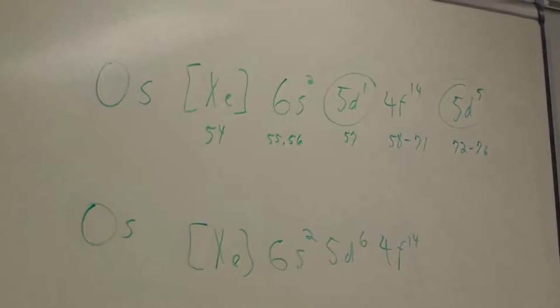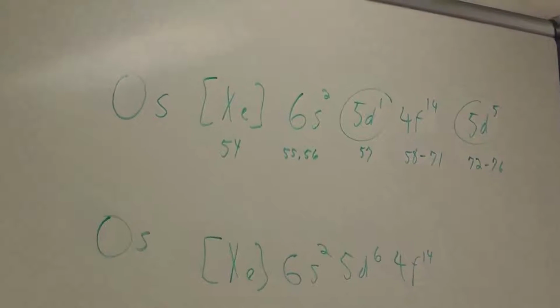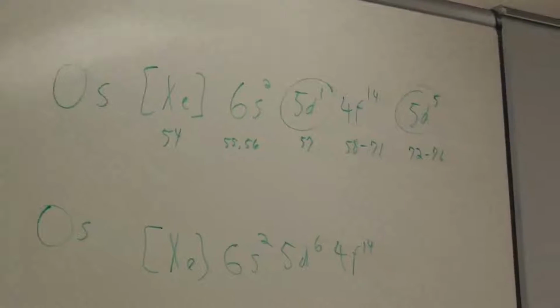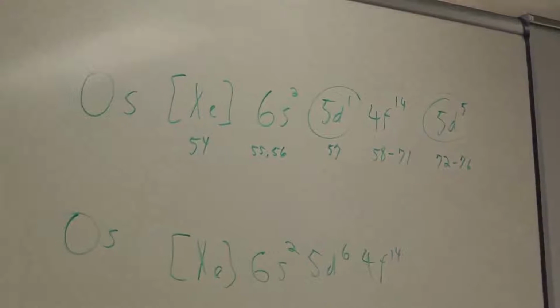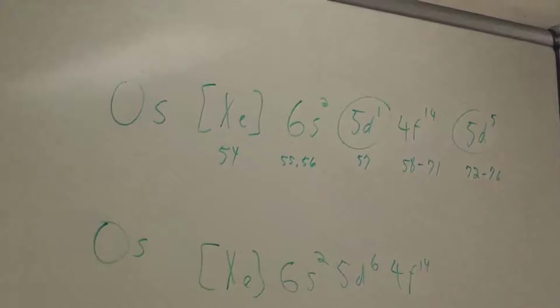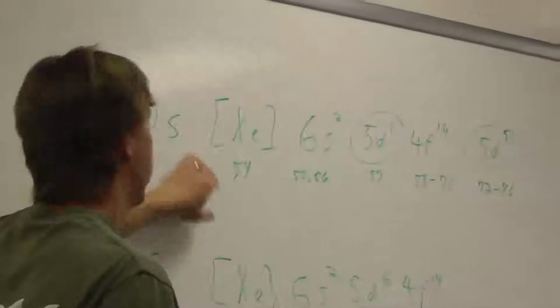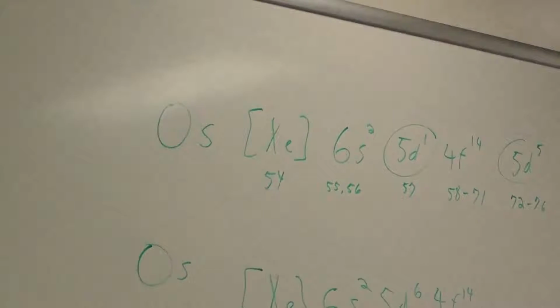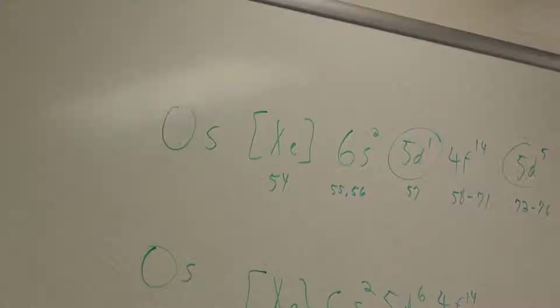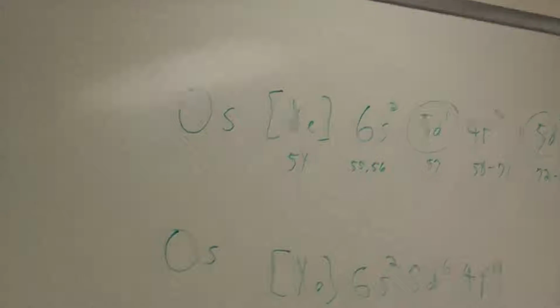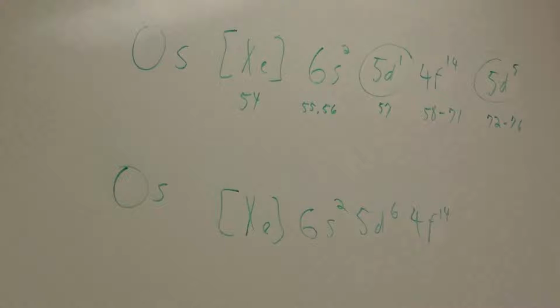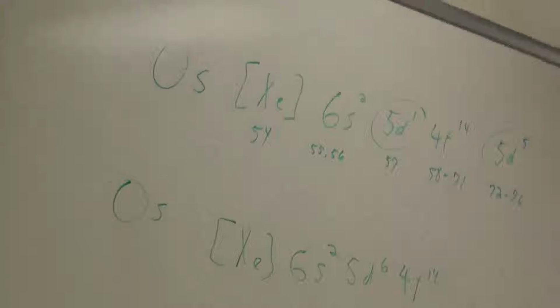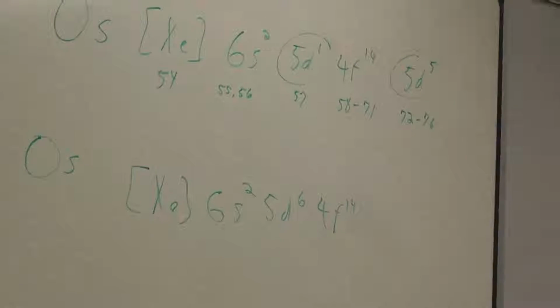Question with that? Yes? Can you replace it with the noble gas instead of the rest of the numbers in the beginning? Yeah. Instead of starting at 1s2 and working our way up, we're just starting with a noble gas and abbreviating that. That way we don't have to show all the interior stuff. Question about that?